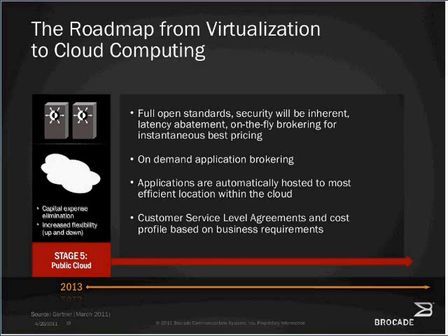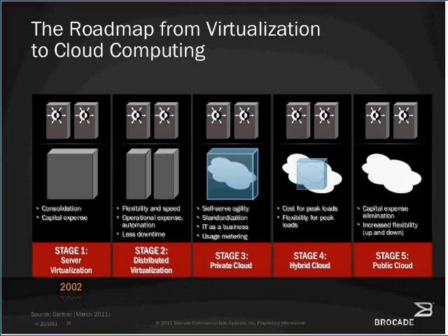Again, standards will be very important here so that you can move between cloud providers, and also so that you can arbitrarily move your applications where they get the most efficiency within the cloud, all still ensuring that your service level agreements are met. So that's the roadmap all the way from server virtualization to public cloud computing.